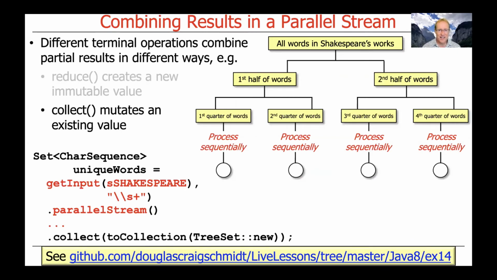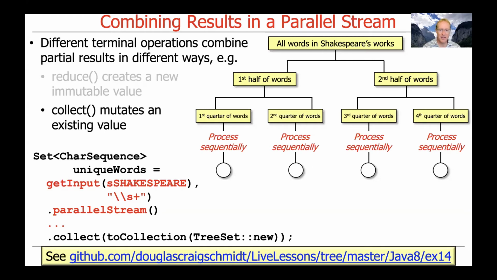We've also talked about this one before, I believe. This is the program in my EX14 folder that counts the number of words in the complete works of Shakespeare. And so you can see kind of how this works. It goes ahead and gets all the words in Shakespeare, and then it starts splitting those things up into chunks.